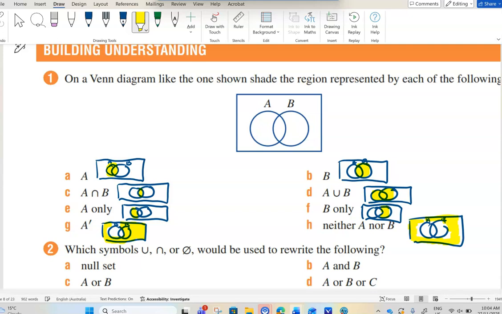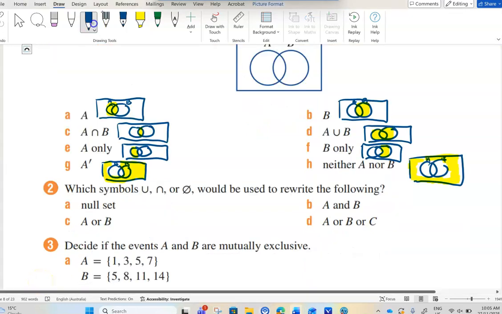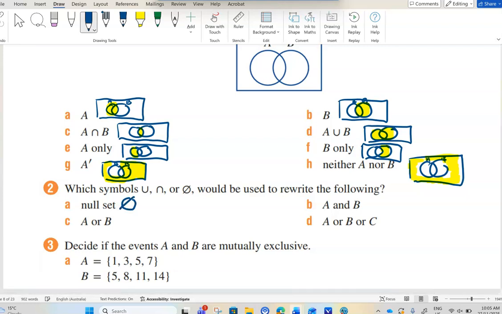All right, I'll just pause that. Now that's quickly asking us what symbols are used. If we have a null set, we use that symbol.